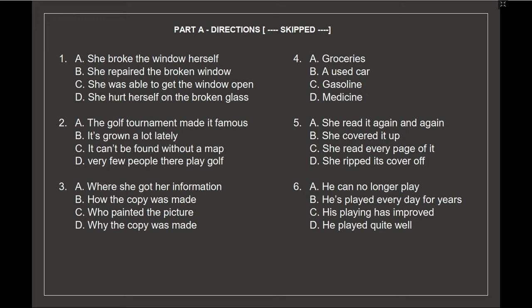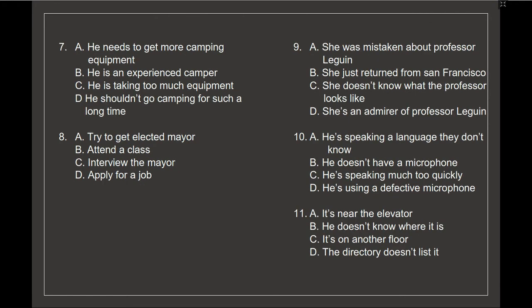"Yeah, considering he hasn't played the guitar in years." What do the speakers say about Jack? Number 7. "Do you think that I've packed too much equipment for my camping trip?" "It should be just right, Max, if you plan to be gone for a couple of years." What does the woman imply about Max?